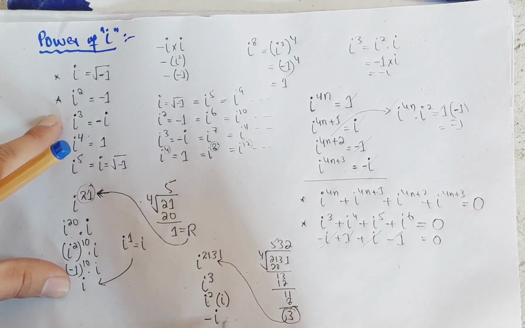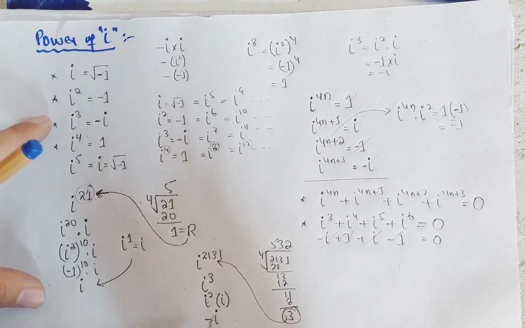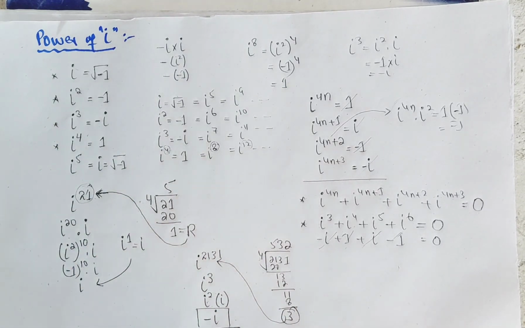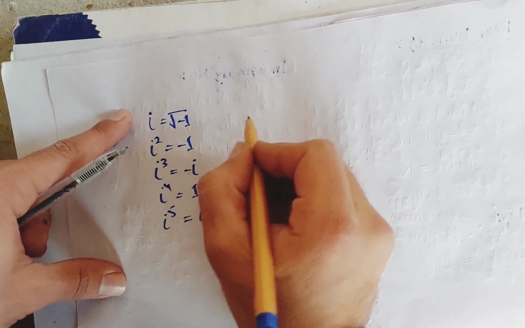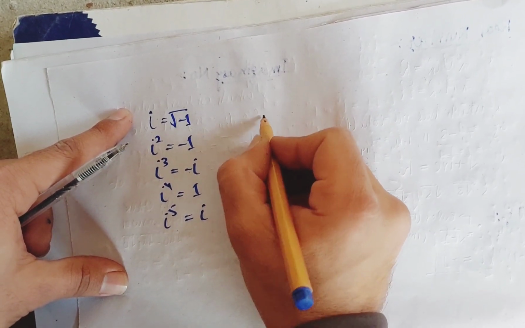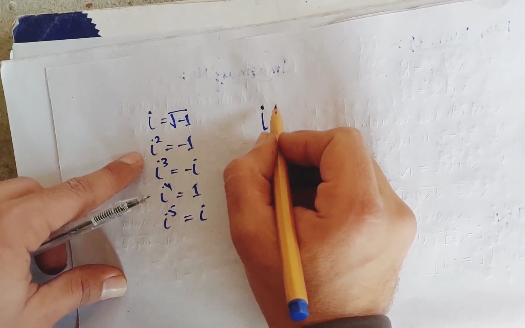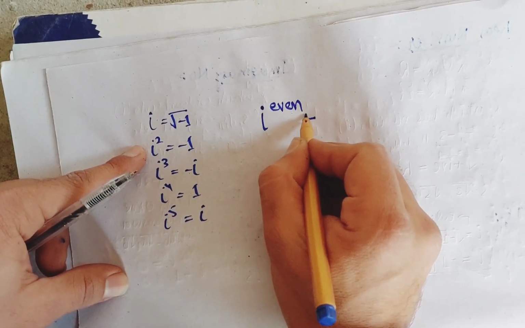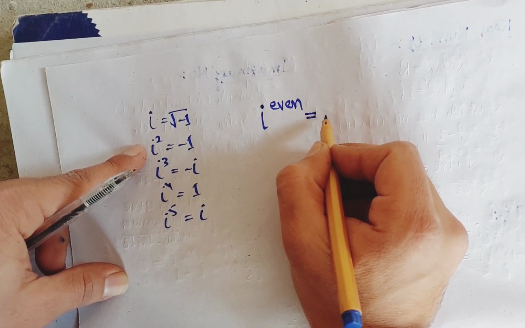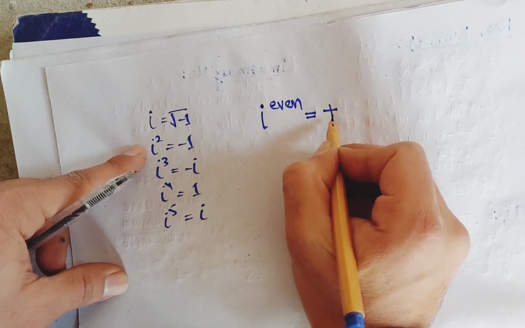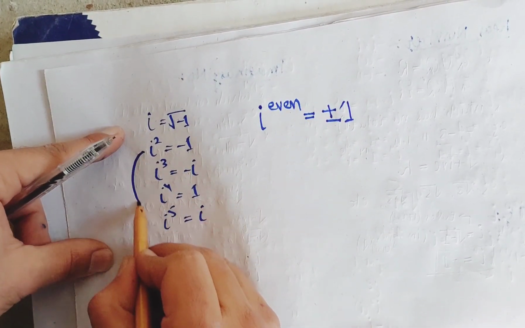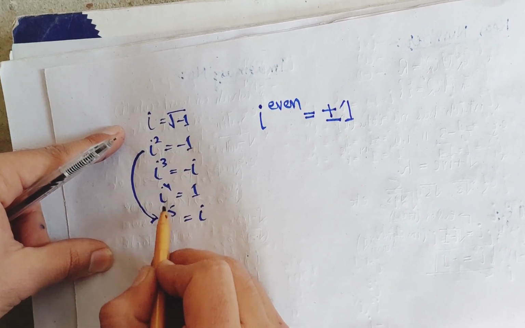You might have noticed that if the power of iota is even, अगर iota की power even आ जाए तो इसकी answer या तो +1 होगी या -1. You can verify it from these two examples, iota power 2 and iota power 4, -1 and 1.